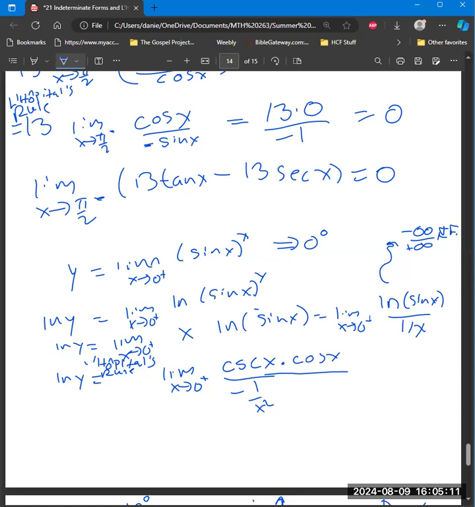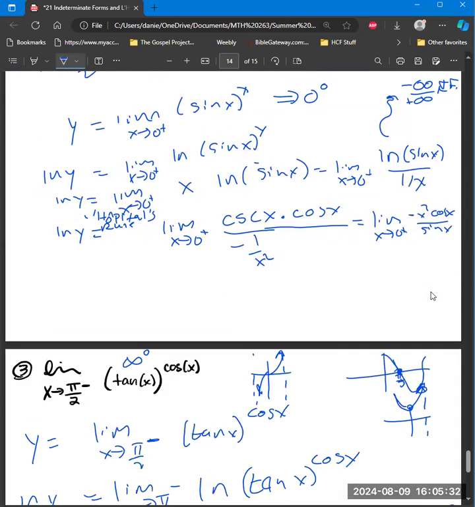So this is going to be equal to the limit as x approaches 0 from the right, a negative x squared cosine x over sine of x. And that's still going to 0 over 0, which is an indeterminate form. And then I'm going to have to apply L'Hopital's rule again.